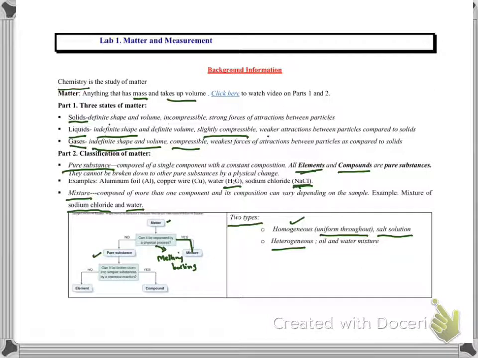Now, once it's a pure substance, can it be broken down into simpler substances by a chemical reaction? If yes, then it's a compound. If no, then it is an element. Because compounds can be broken down into their elements by a chemical reaction. We're not talking about a physical change.